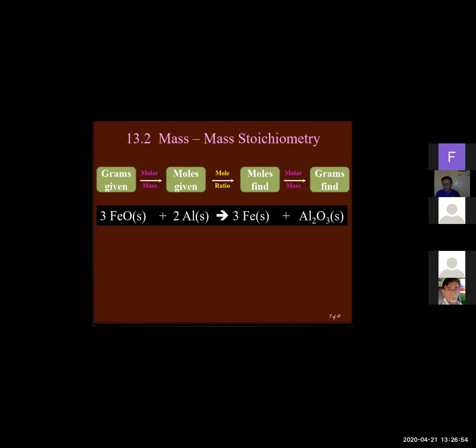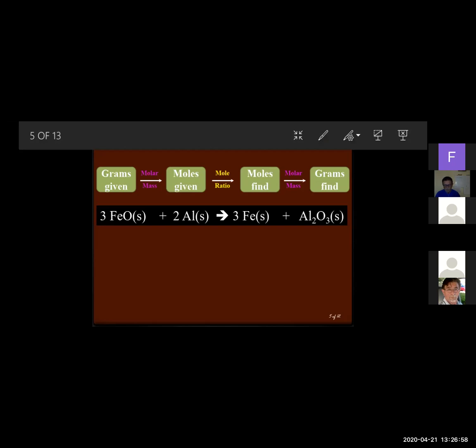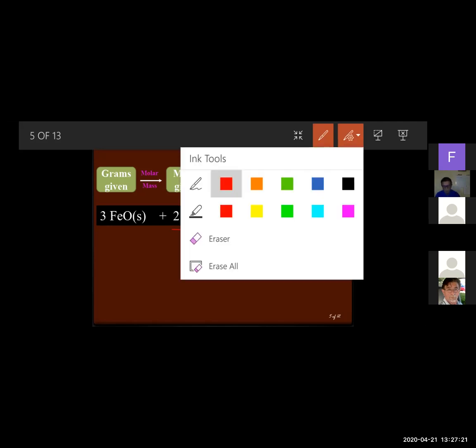Sure does, because we replace the iron in iron oxide with aluminum. If you look at the activity series and compare iron and aluminum, you'll find that aluminum is a lot more reactive than iron. Then you ask, is aluminum in compound form? No, it's in elemental form, so the reaction proceeds.